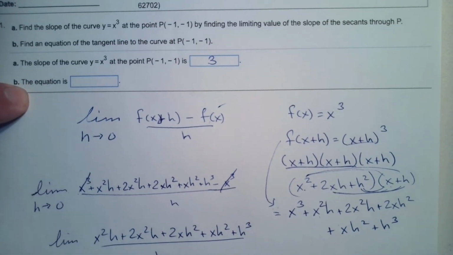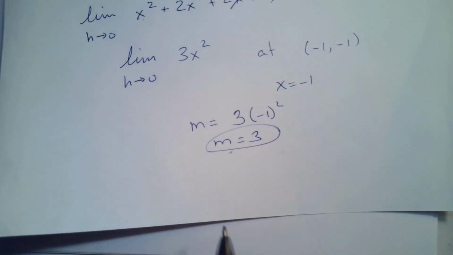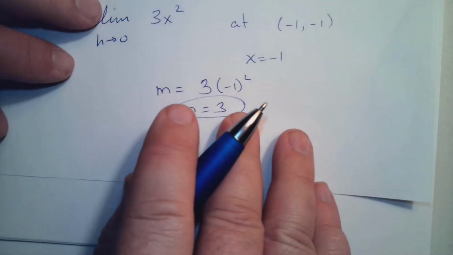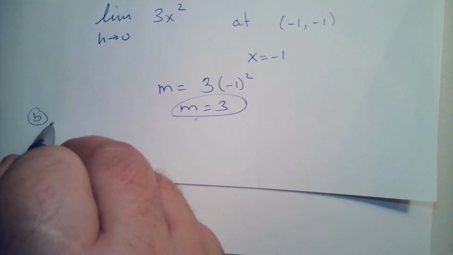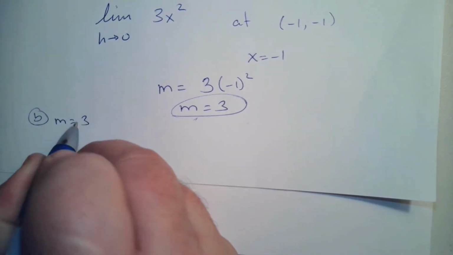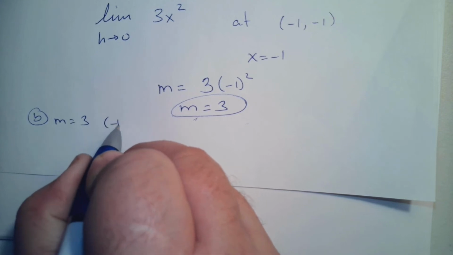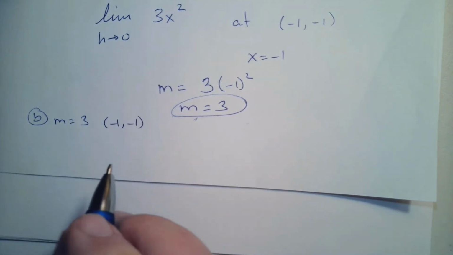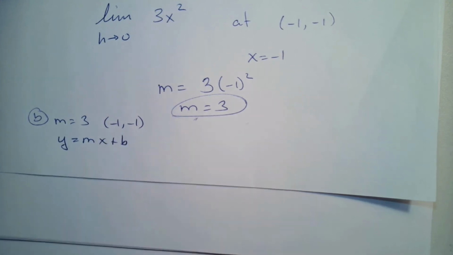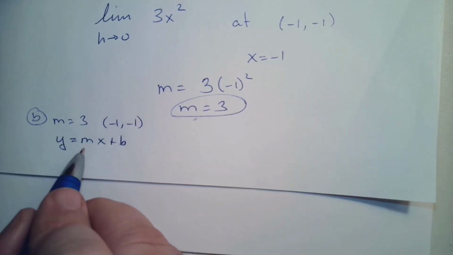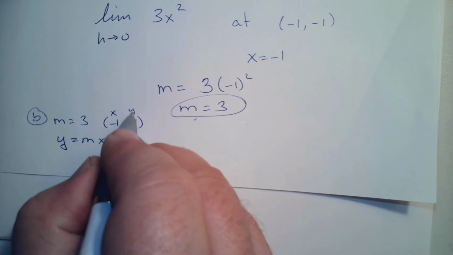Now I've got to find the equation of the tangent line. Since I know the slope, and I have a point, all I've got to do is find the equation of the line. So plug in what I know. This is x, this is y, and that's m.